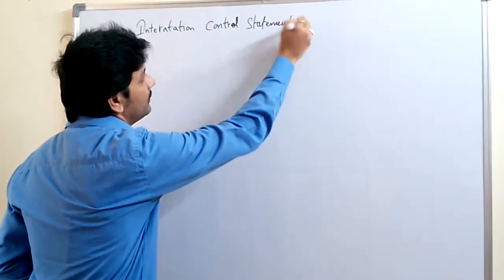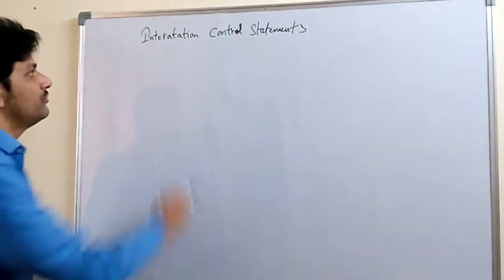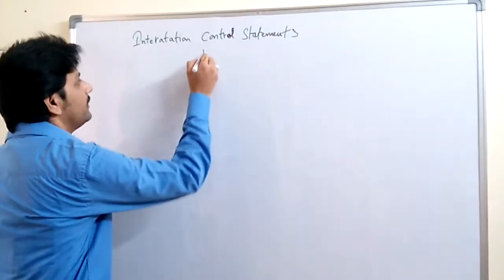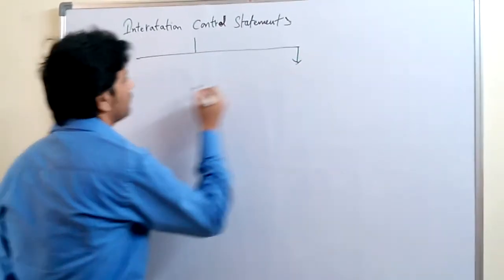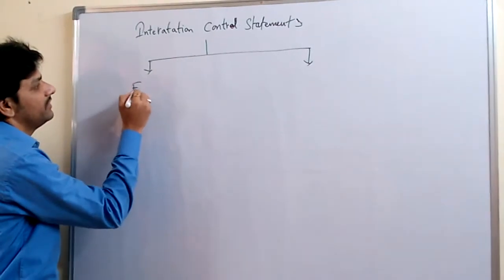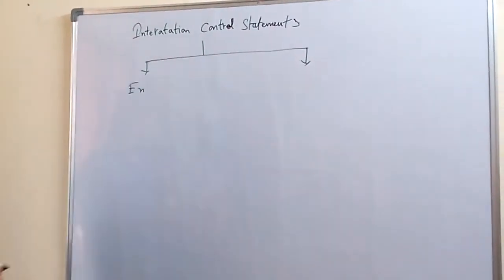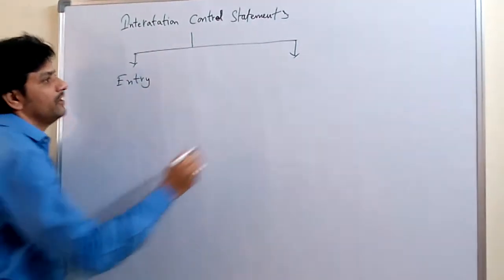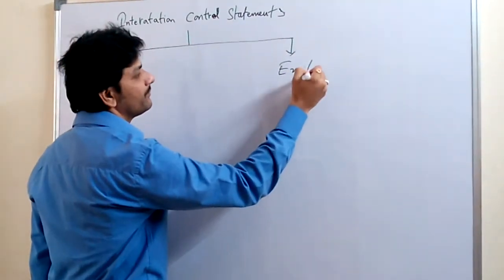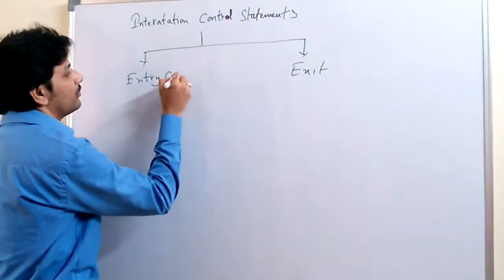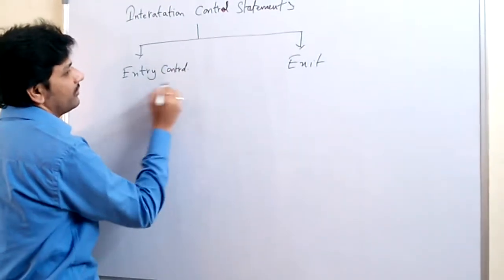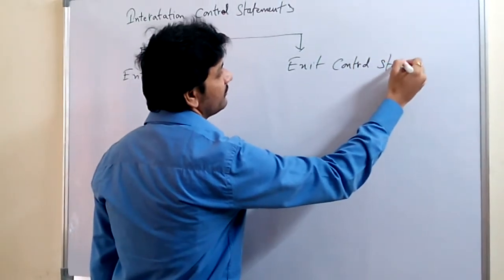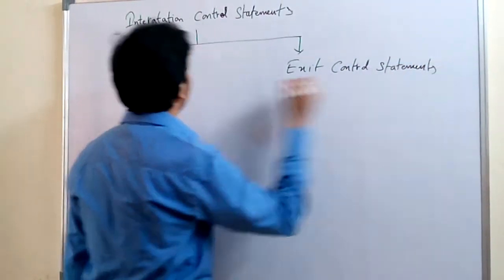In the iterational control statements or control structures, we have two types: entry control statements or control structures, and exit control statements.